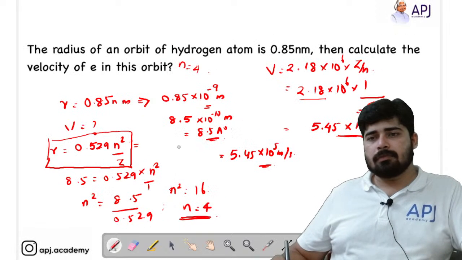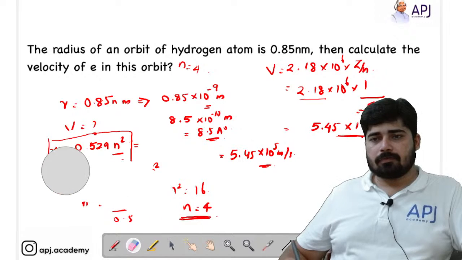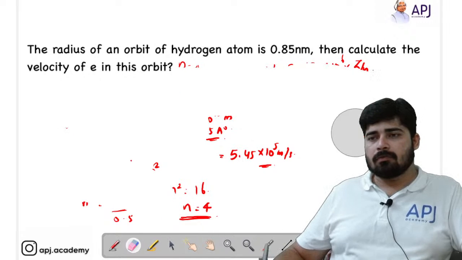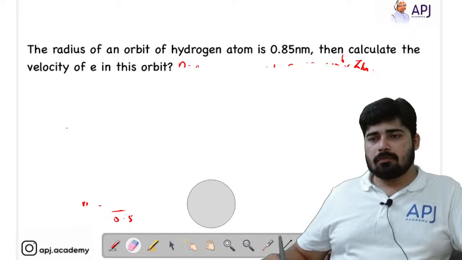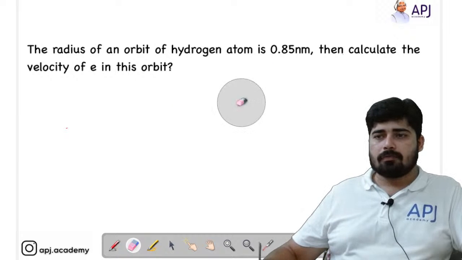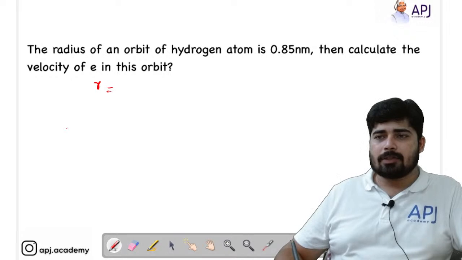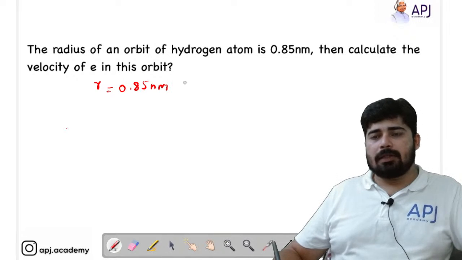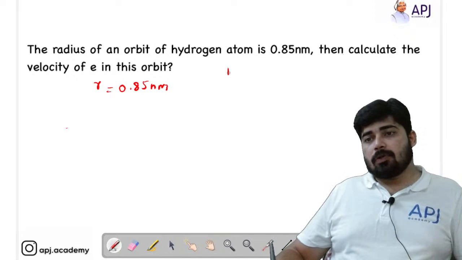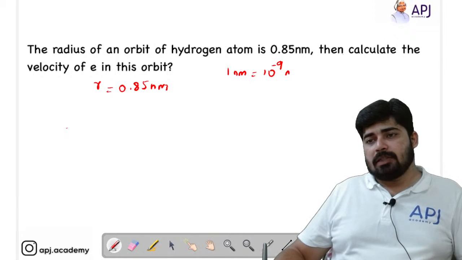Okay. Now, the next one. Here, the radius of an orbit is given as 0.85 nanometer. I would like to convert this nanometer into Armstrong. We know that 1 nanometer is equal to 10 raised to minus 9 meters.